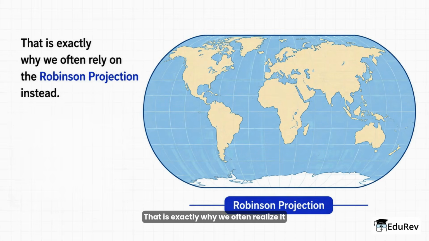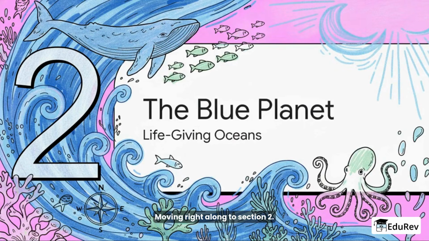That is exactly why we often rely on the Robinson projection instead. It's a brilliant compromise that balances size and shape distortion to give us a much fairer, more realistic view of our world's actual proportions.